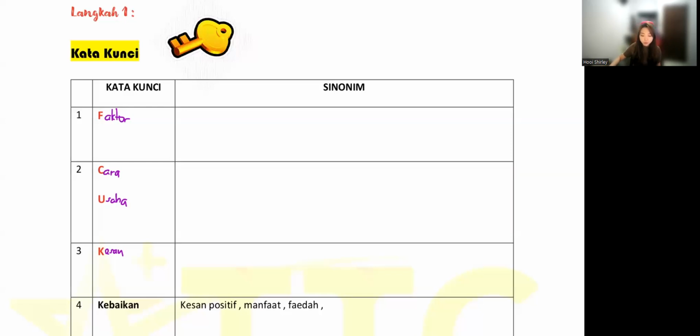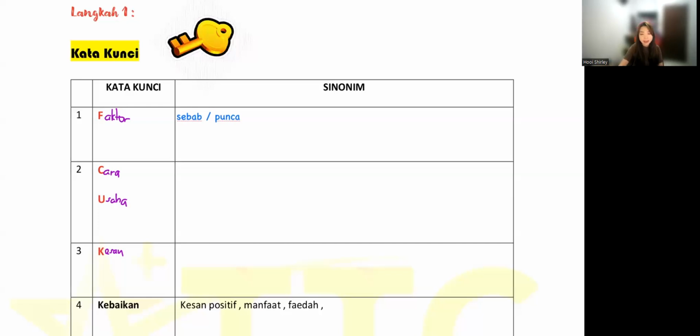Okay, the next one. Right now, what we need to do is the synonyms. For factor, what are the synonyms that we have every time when you do your karangan or the rumusan? Factor, the perkataan yang sama maksud, is only two: sebab and also punca. And then for cara and usaha, any ideas, guys?